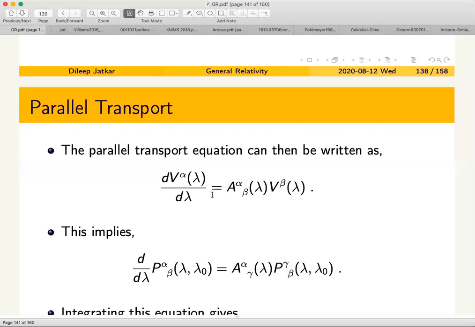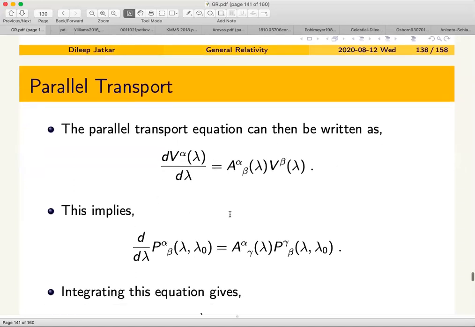Both of the sides would have v alpha lambda naught, which is not a function of lambda, so d by d lambda is not going to act on it. It is sitting around there as a spectator, and you can just cancel that piece out. So we have transferred this to an equation satisfied by the parallel propagator. Is this okay?